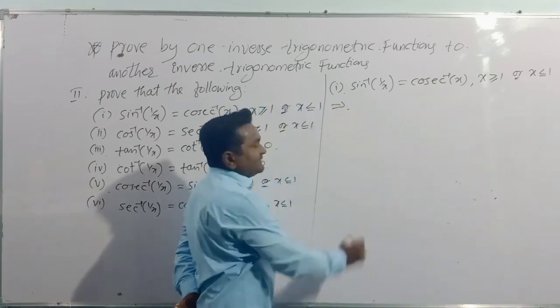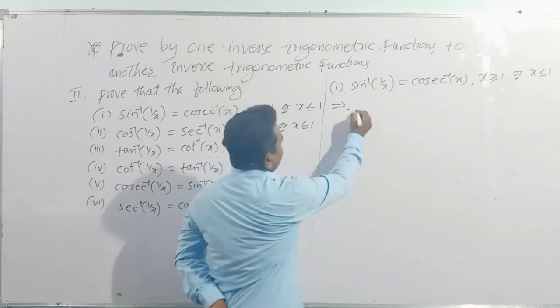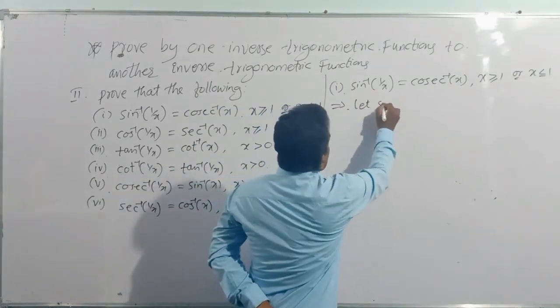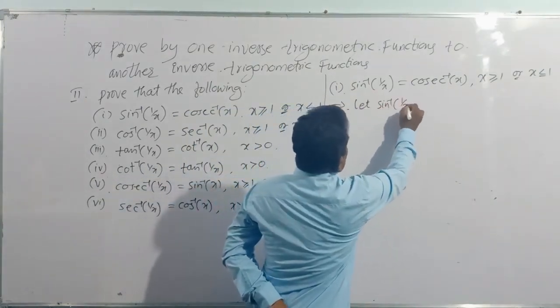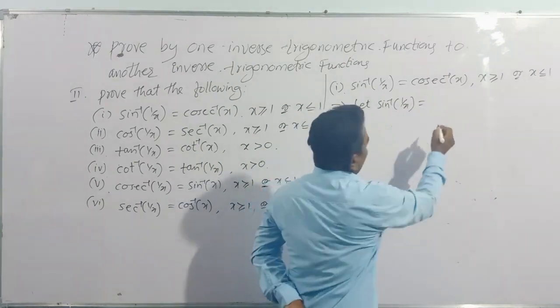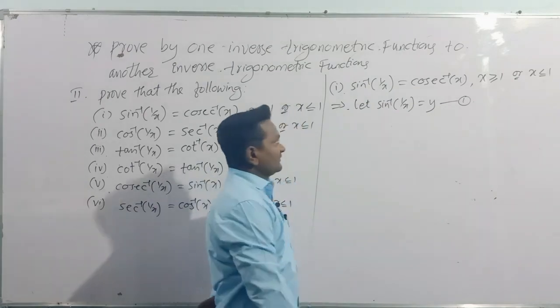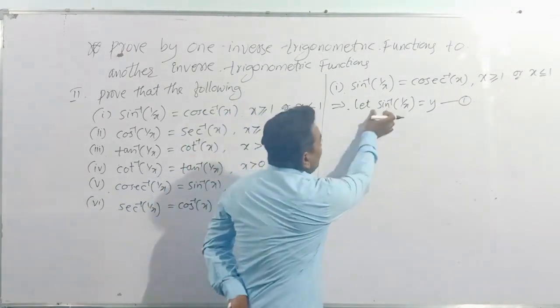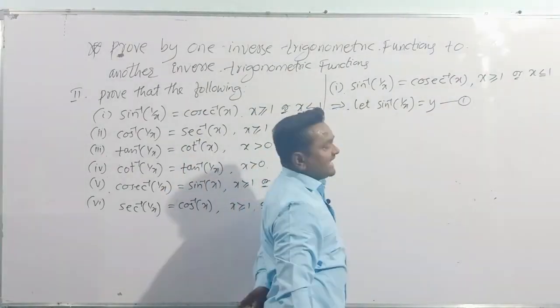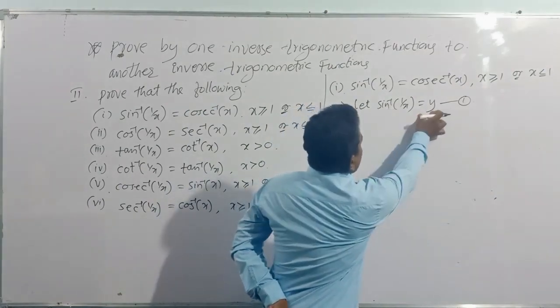Now this implies, let sin inverse 1 by x be equal to y. Take this as equation number 1. Now this sin inverse moves to the right hand side and becomes sin y.